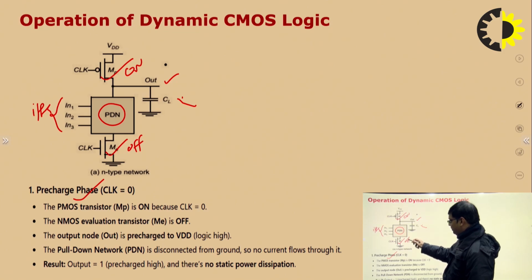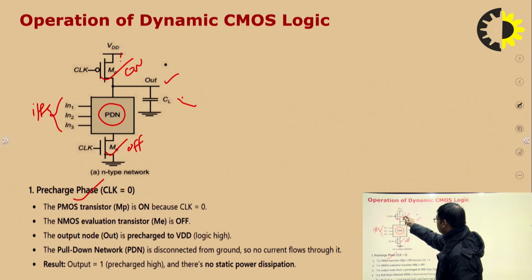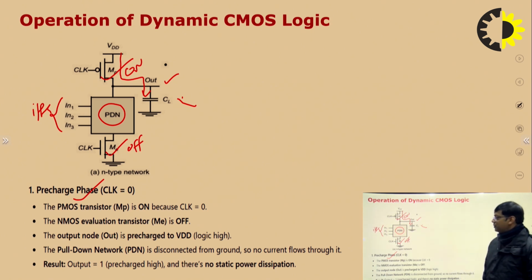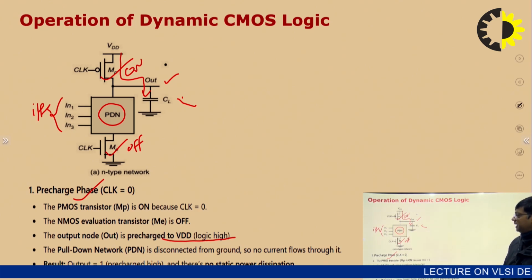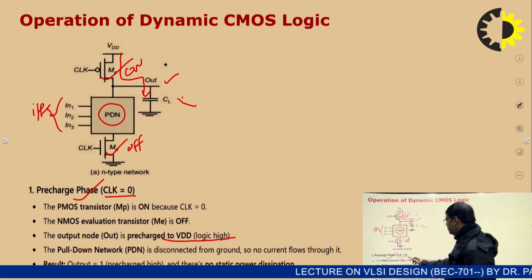So, output cannot discharge, but because PMOS is on, VDD charges the output to logic 1. So in the pre-charge phase our output is charged up to logic high or VDD, and during the pre-charge phase clock is 0.